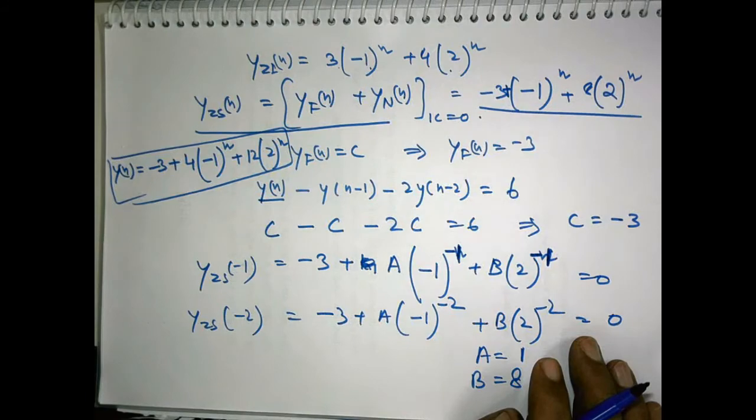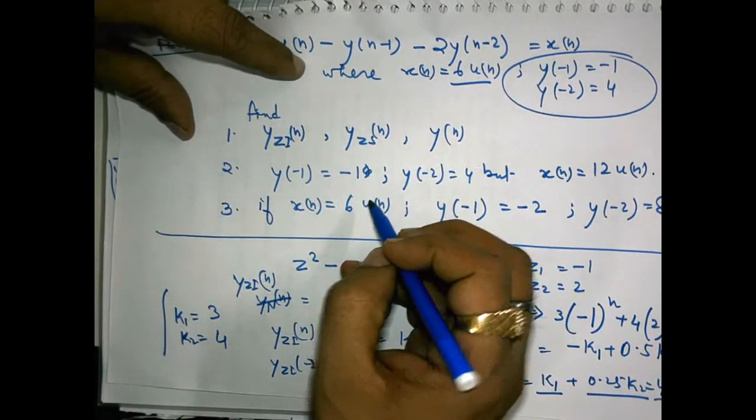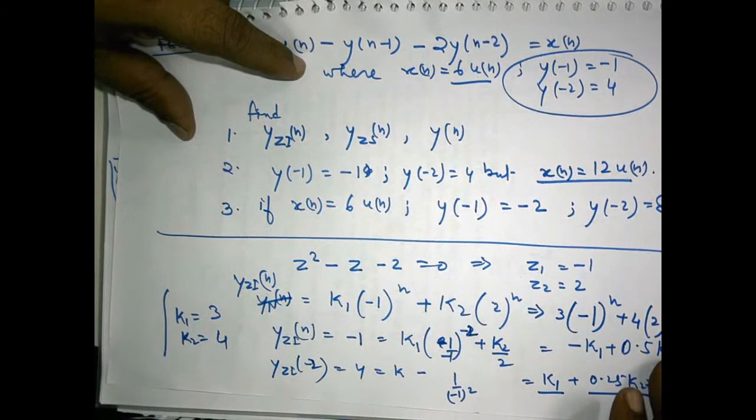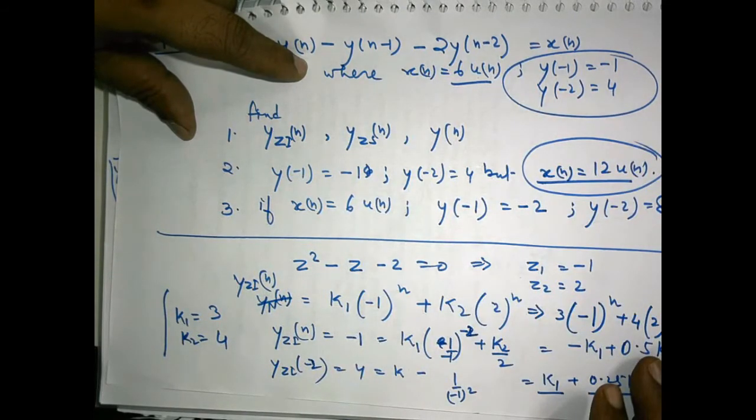Now we have to observe what will happen when we make changes. This means the input is kept 2 times. If we keep the input 2 times, the forced response will change its value by 2 times, and the constants in that forced response will change, because the input is going to affect only the forced response.